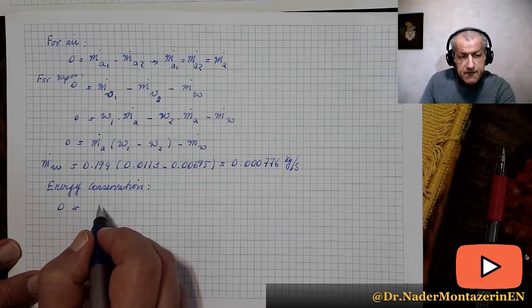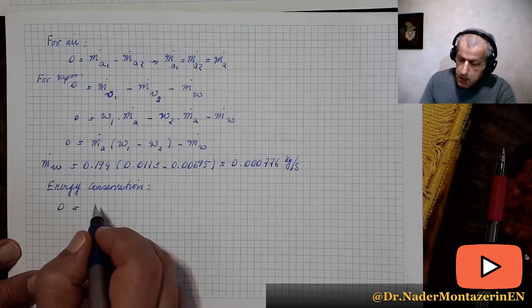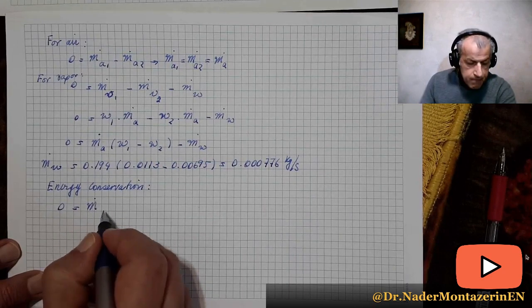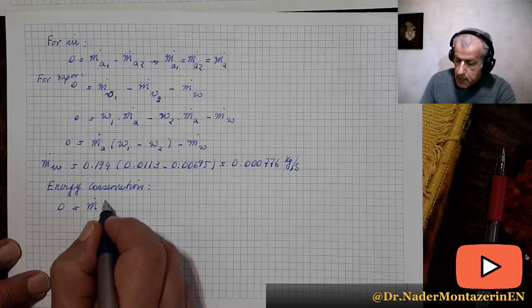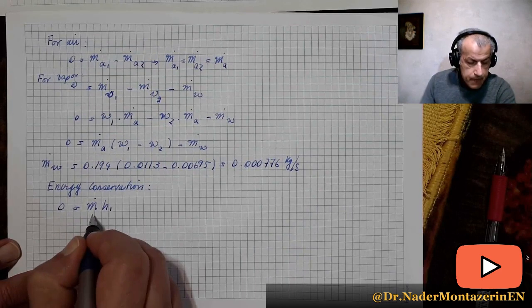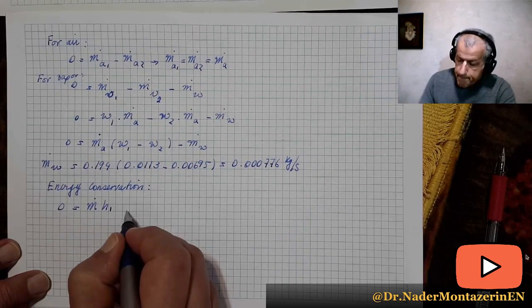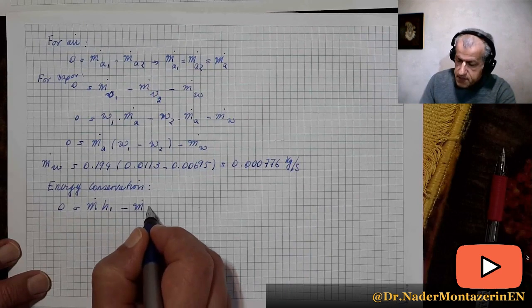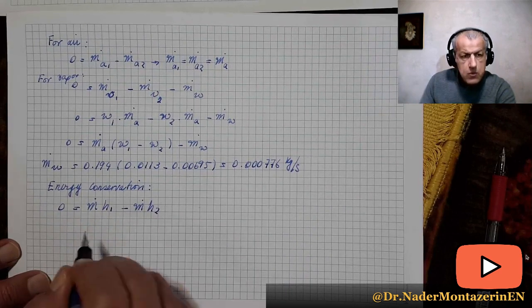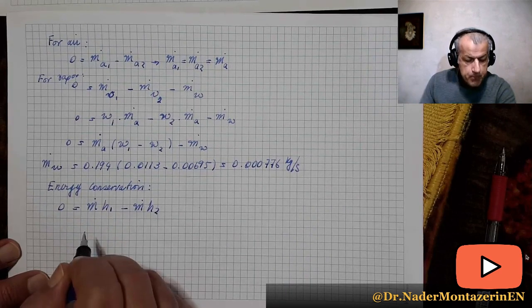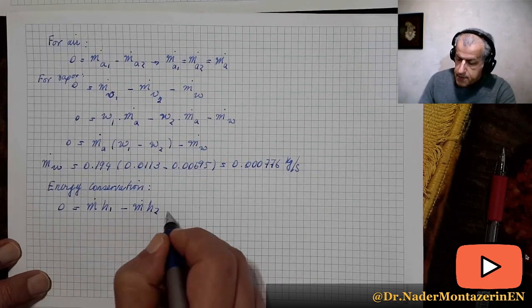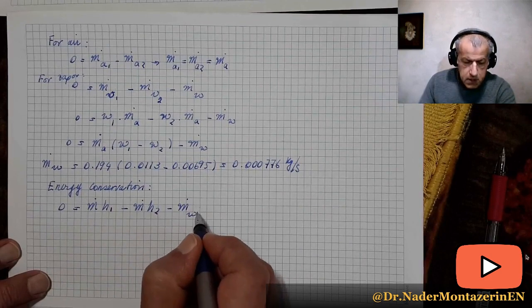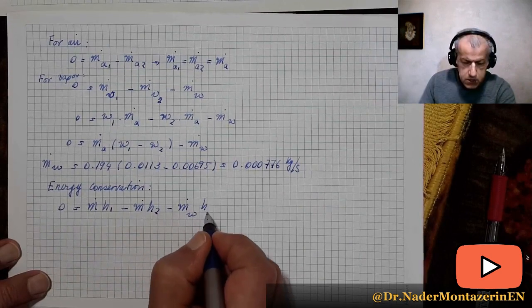So the left hand side would be 0, and the right hand side would be m dot times h1 minus m dot times h2 and minus m dot water times h water.